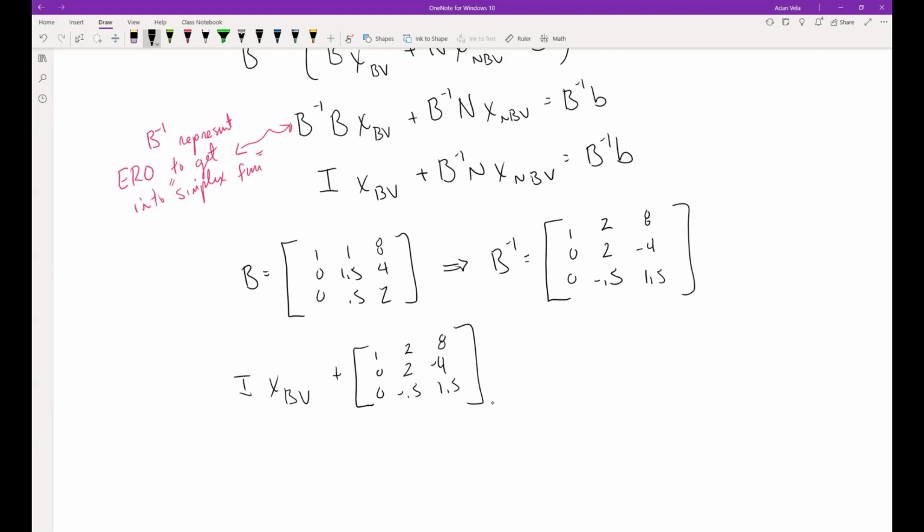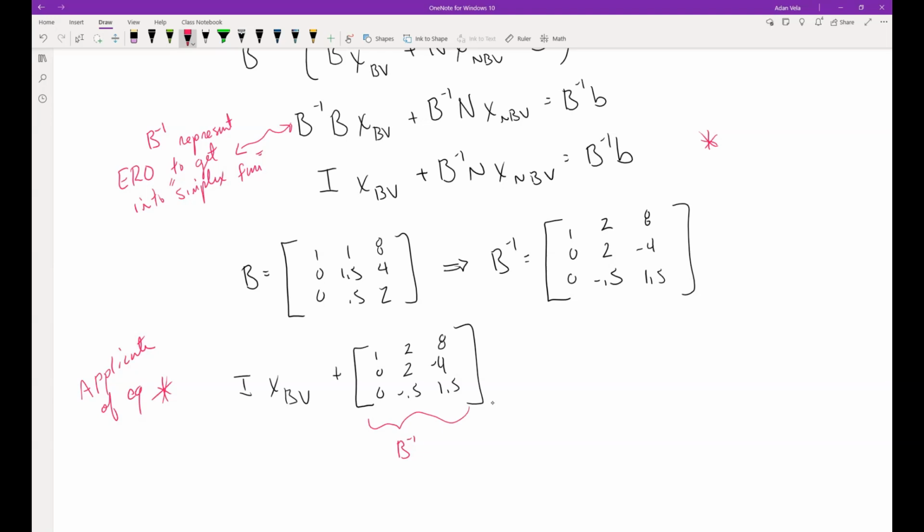Right, so this is our B inverse, and we're applying equation star.